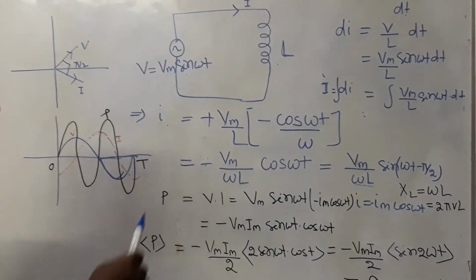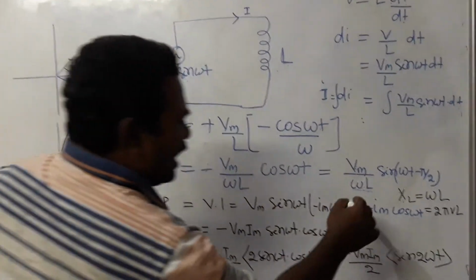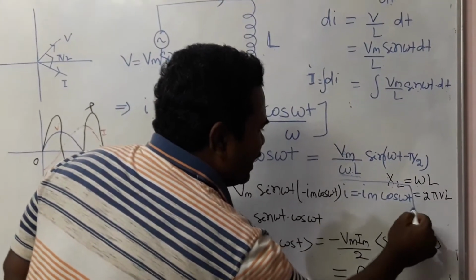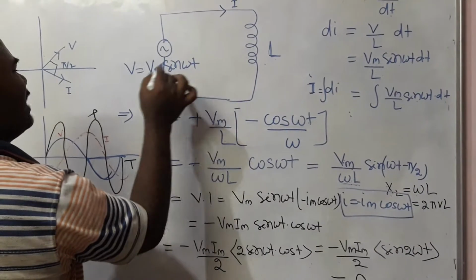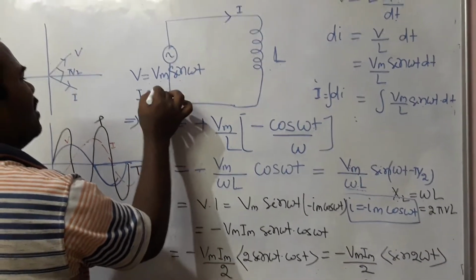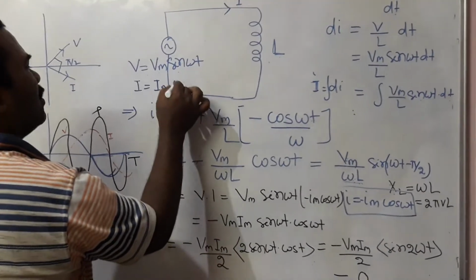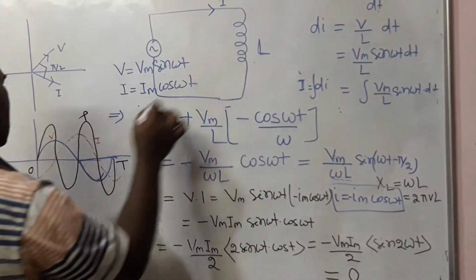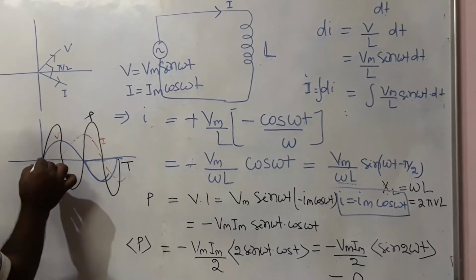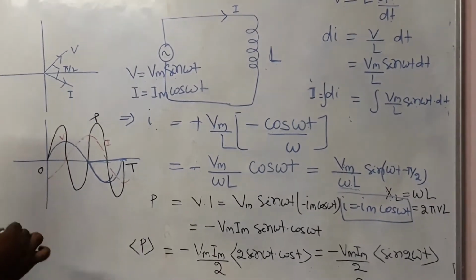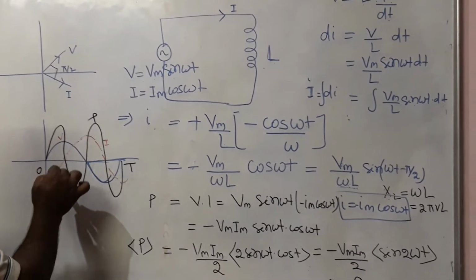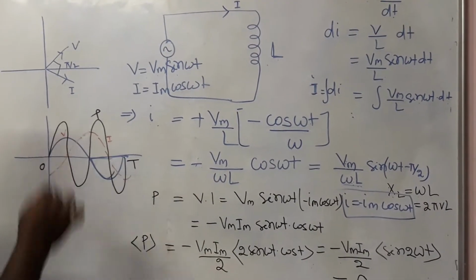So now our equation becomes I is equal to Im cos omega t. What is V? V was Vm sin omega t. So I becomes Im cos omega t. If we draw the graph, this line will represent voltage, and this red line represents current.